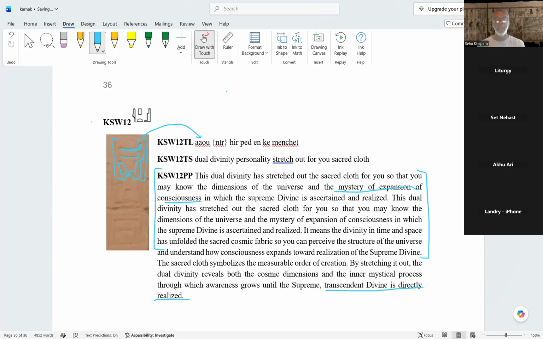You have to rely on your gods and goddesses, rely on your dual divinities, and let go of your ego, that somehow you are the one. That idea that you are the one doing it, that is Set actually holding you back. And that is Set trying to usurp the throne of your higher spirit nature that is manifesting through the dual divinity. In other words, you have to let go and let God. Let the divine work by letting go.